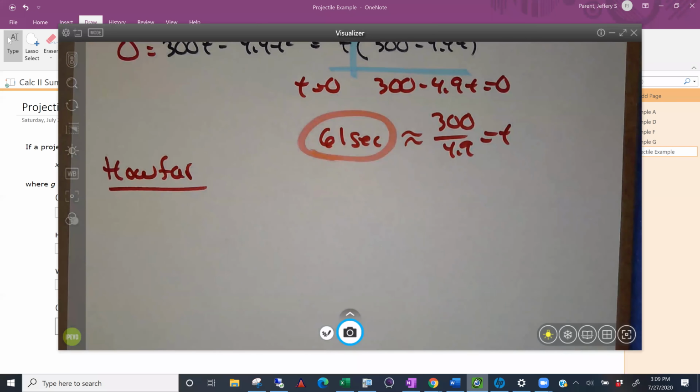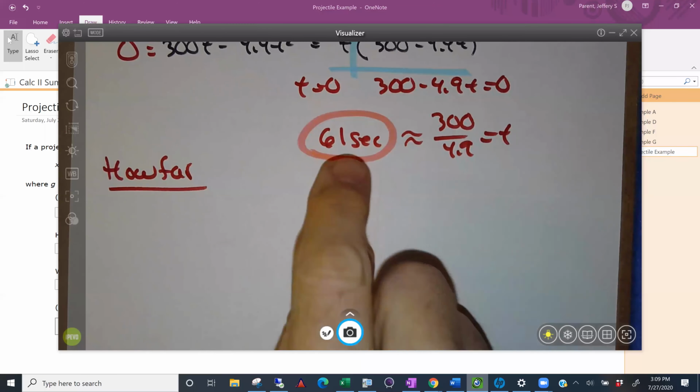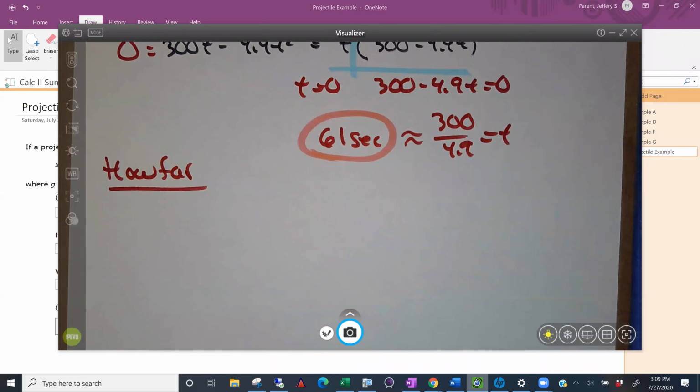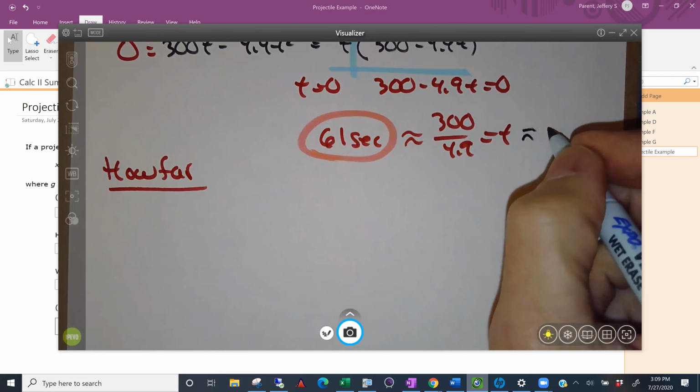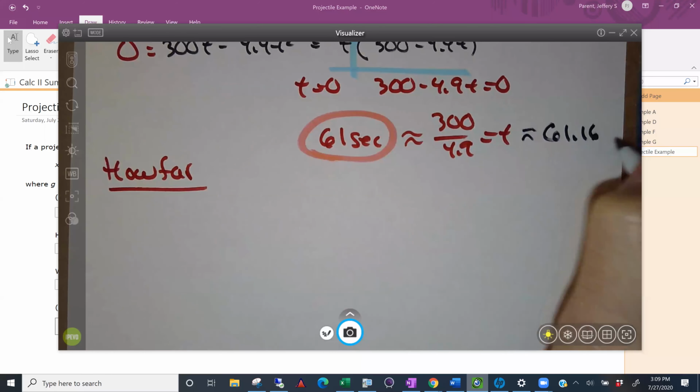And I'm kind of curious here because I think I've forgotten. Now the exact answer here, or more of an exact answer, is 61.16. And I think I got to use that to find part B. How far will it travel?